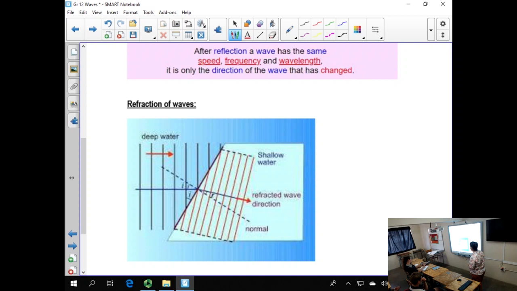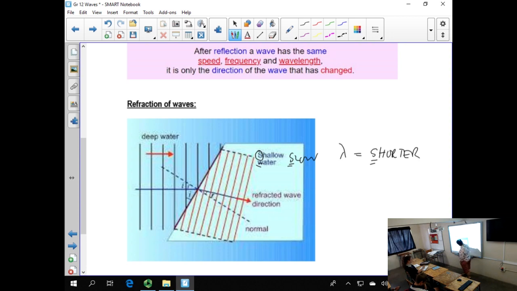In terms of water, we said the shallow water represents the part where it goes slower, and it goes slower because the wavelength becomes shorter. The wave changes direction in such a way that it bends towards the normal when it goes from deep water to shallow water.